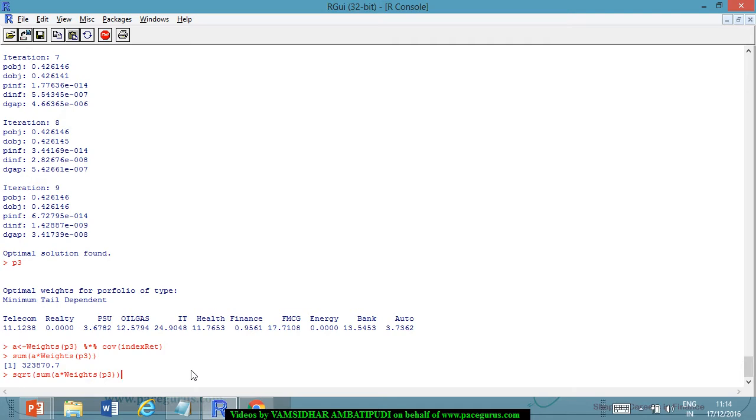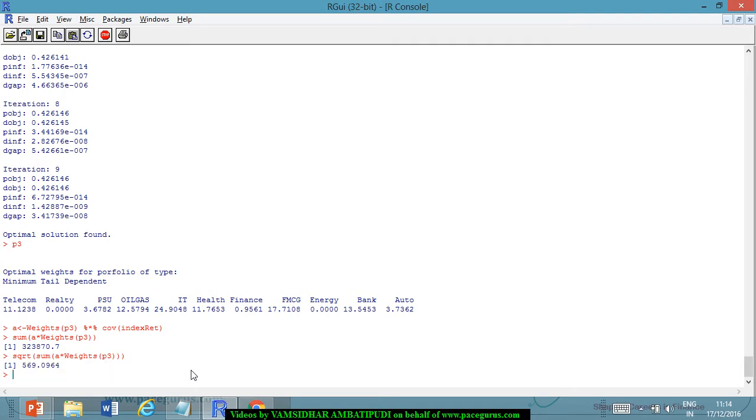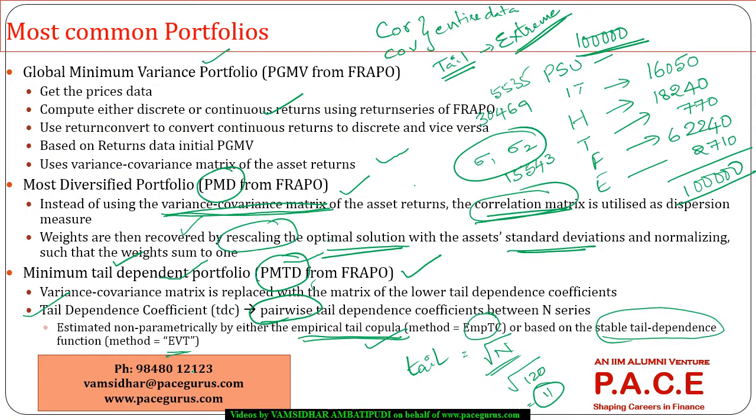So the risk is even higher compared to the most diversified portfolio as well. But yes, tail-wise I'm relying much less on the tail correlation. I'm trying to avoid the tail correlations to the minimum by going ahead with this kind of an investment.